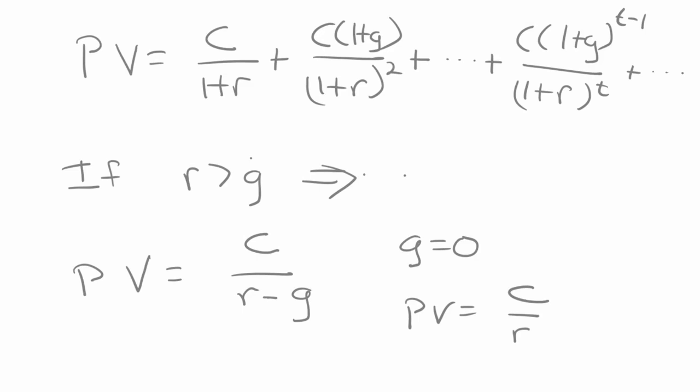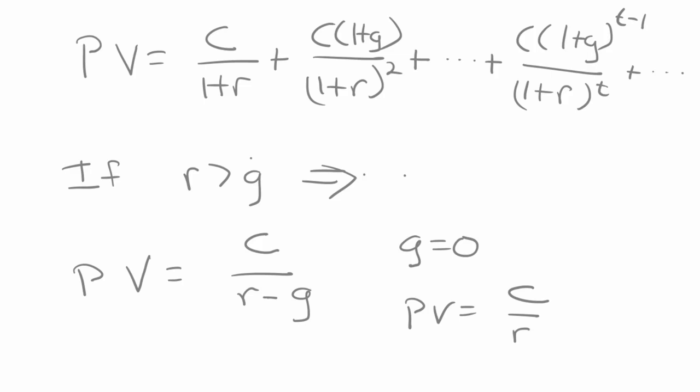That makes sense because the higher is R, the greater is the time value of money, the less you need to put aside today. Notice also that the greater is G, the greater the growth rate, the greater is the present value because G appears in the denominator with a negative sign. And that makes sense too because the bigger are these G's, the bigger are these terms, and the bigger is the thing that you're discounting back.